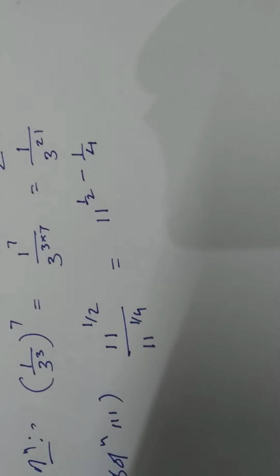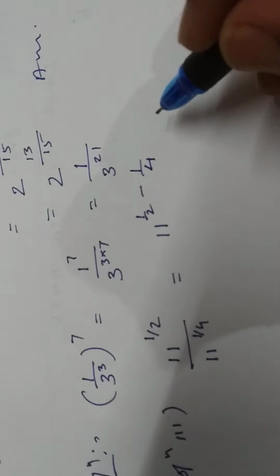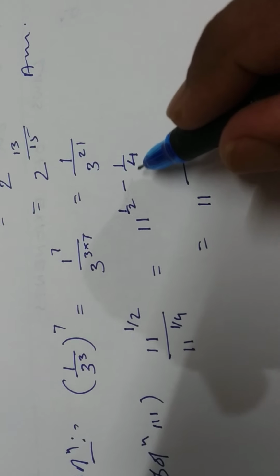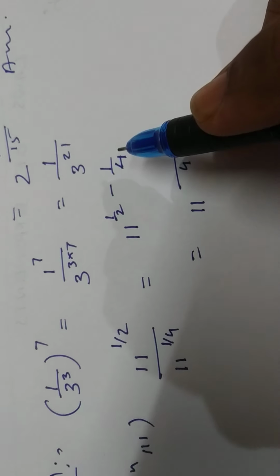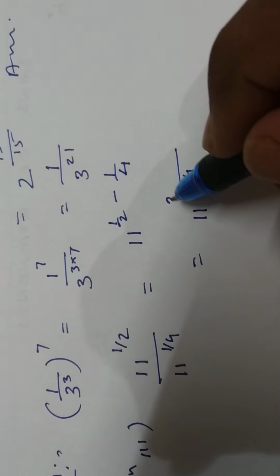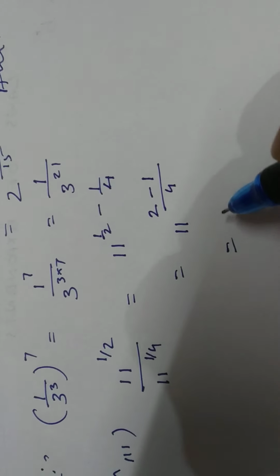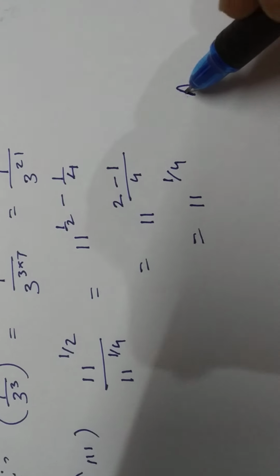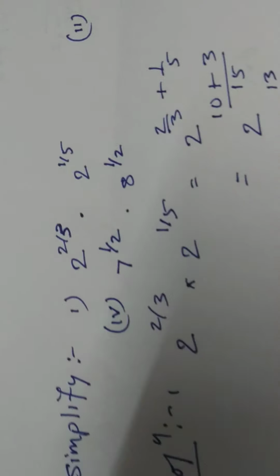I hope everybody remembers the laws of exponents. So minus, let's solve it. It will be 11 power. This is the base. What is the LCM of 2 and 4? The LCM is 4. 2 2s are 4, so write down 2. Minus 4 1s are 4, make it 1. It is 11 power 2 minus 1, which is equal to 1 by 4. This is your answer. I am leaving this question for you.